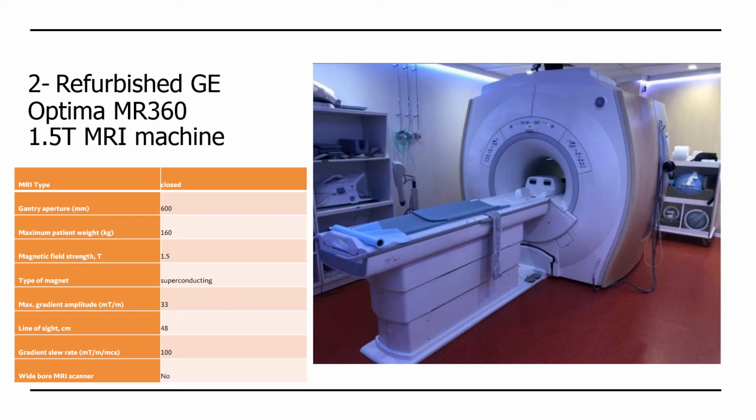Gantry aperture 600, maximum patient weight 160, magnetic field strength 1.5, type of magnet superconducting, max gradient amplitude 33, line of sight 48, gradient slew rate 100, wide bore MRI scanner no.